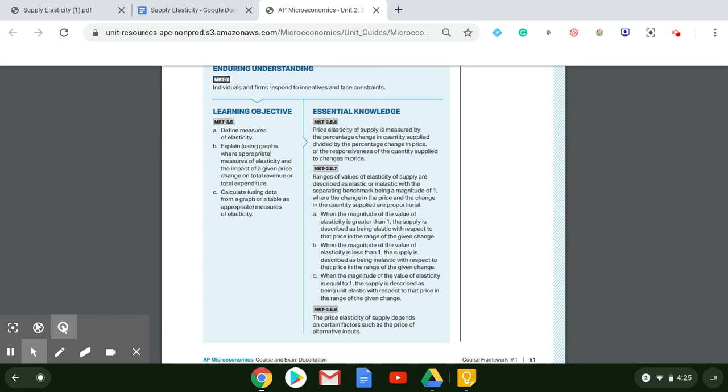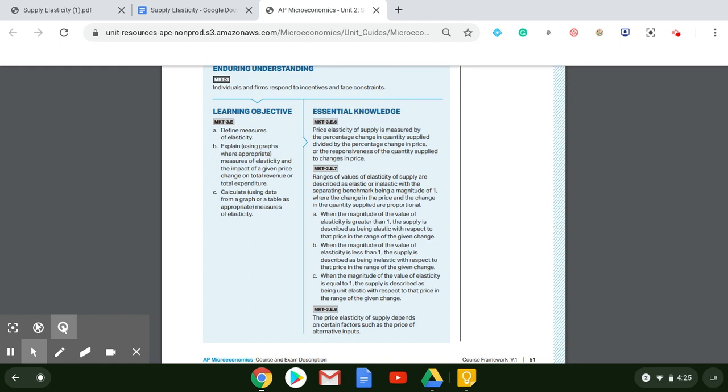Essential knowledge. We talked about where the calculation comes from, what the formula is. We talked about the ranges. Elasticity greater than 1 is elastic, equal to 1 is unit elastic, and if it's less than 1, we call it inelastic. Okay. And then finally, we talked about what causes price elasticity to be elastic versus inelastic.